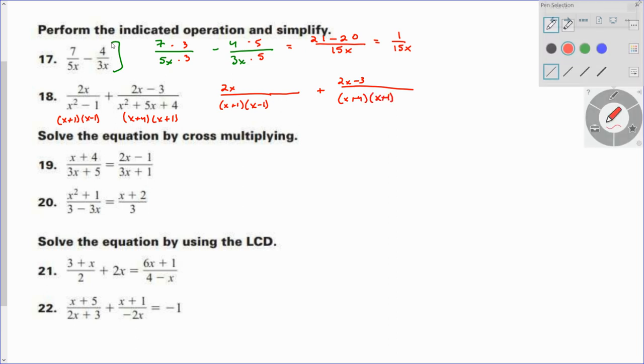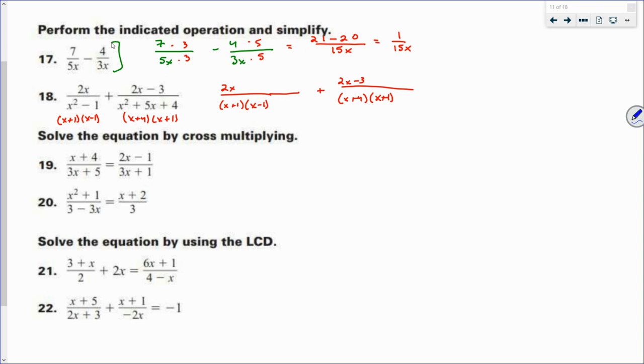I see that both of these have an x plus 1. This one needs an x plus 4, and this one needs an x minus 1.